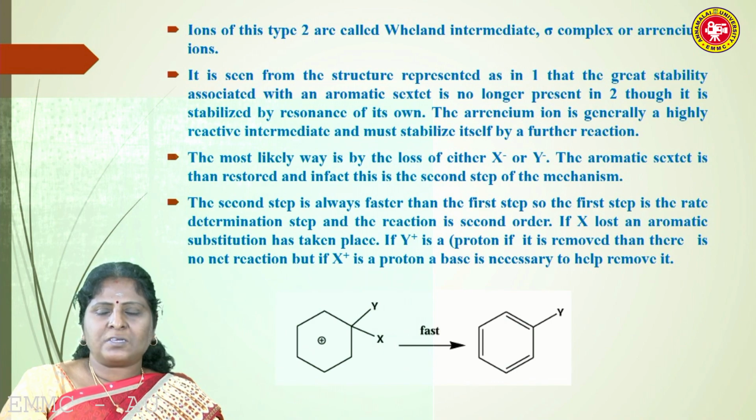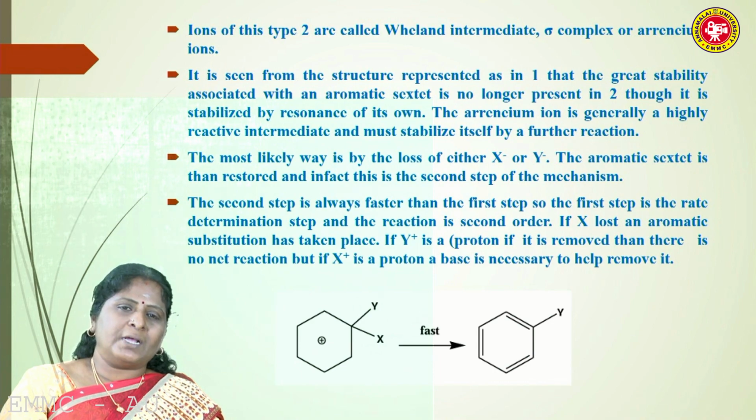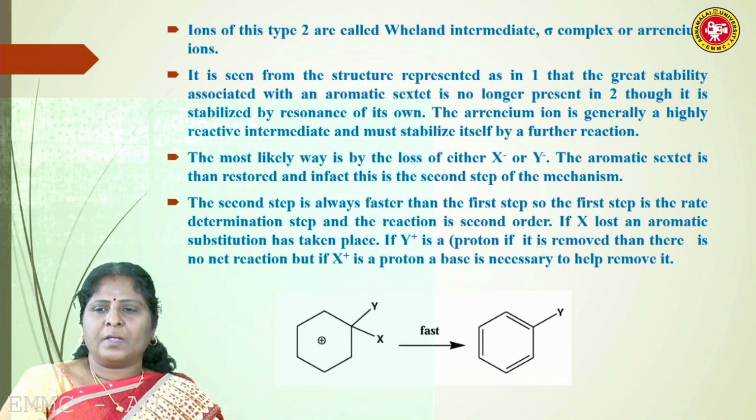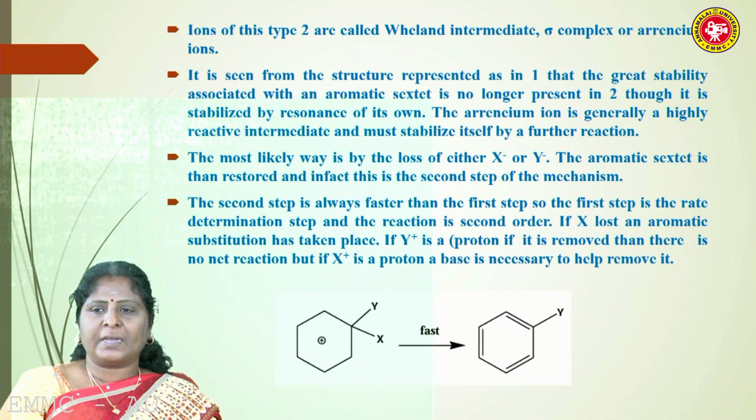Though it is stabilized by resonance of its own, the arenium ion is generally a highly reactive intermediate and must stabilize itself by undergoing a further reaction. The most likely way is by the loss of either X plus or Y plus. The aromatic sextet is then restored, and in fact this is the second step of the mechanism.